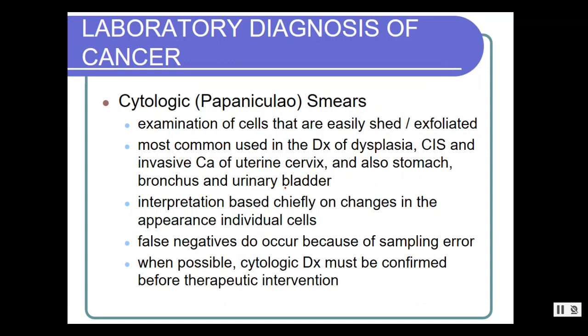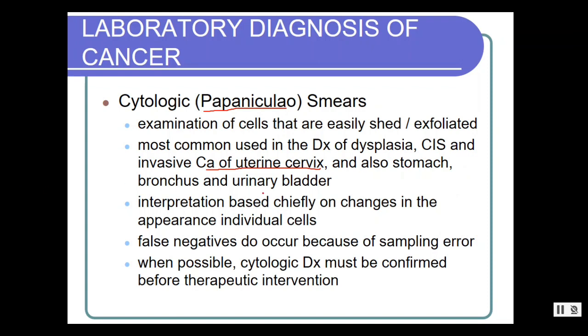Now, another is to get a pap smear. So, pap smear is Papanicolaou smear. The one who discovered it is Mr. Papanicolaou. And so it usually examines cells that are shed off. It is used for the diagnosis of carcinoma in situ and invasive cancer of the cervix or the lower portion of the uterus.